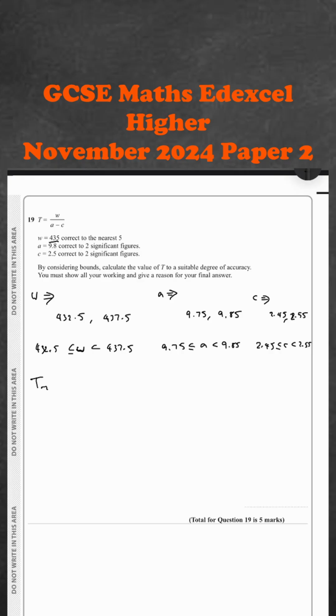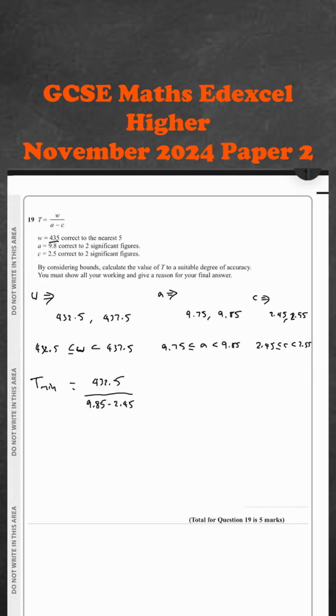So T minimum is going to be when W is as small as possible. So that's going to be 432.5. And when A minus C is as big as possible. So A needs to be as big as possible, so 9.85. But C needs to be as small as possible to not take away the fact that you want the denominator to be large.